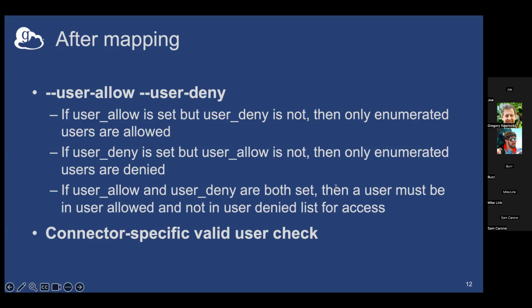If that username doesn't exist, then the mapping is considered non-usable and GCS won't try to allow access. For some of the other connectors, there are APIs that we can use to see if that account exists or not, and we'll try to determine to the best that we can at that level whether or not the account is valid.